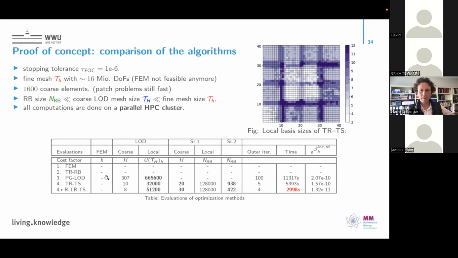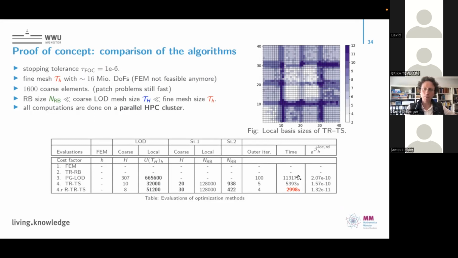So what you see down here is that if you solve the overall optimization problem with finite element and this global trust region reduced basis method, we were not even able to solve these problems because just one global solve is too expensive. But with the Petrov-Galerkin LOD, you can do this directly in this trust region context, and you see the simulation time here.